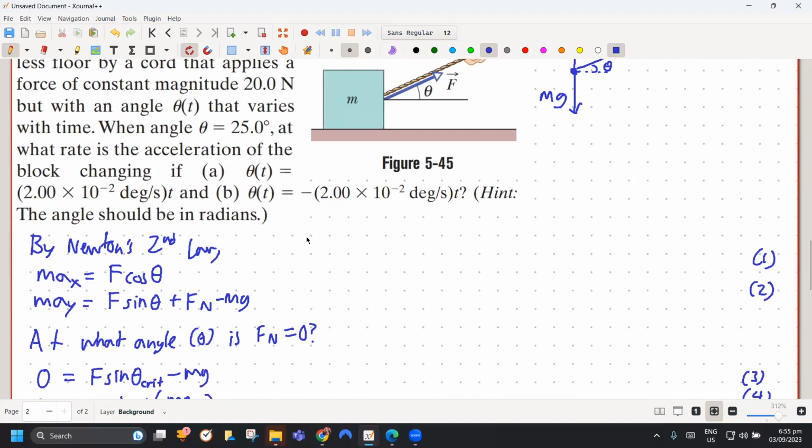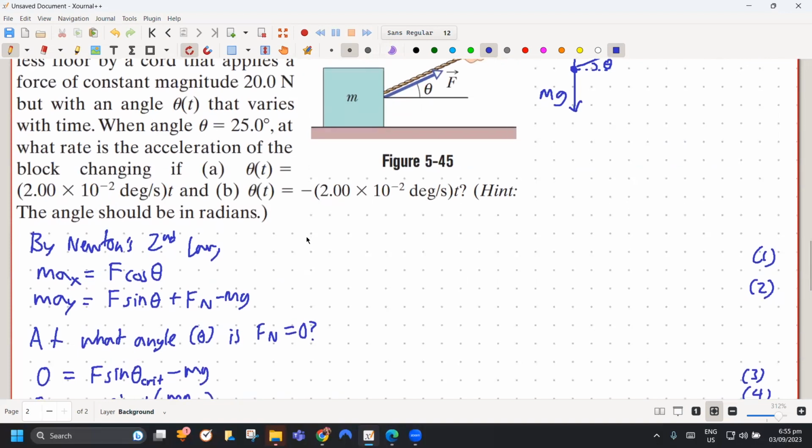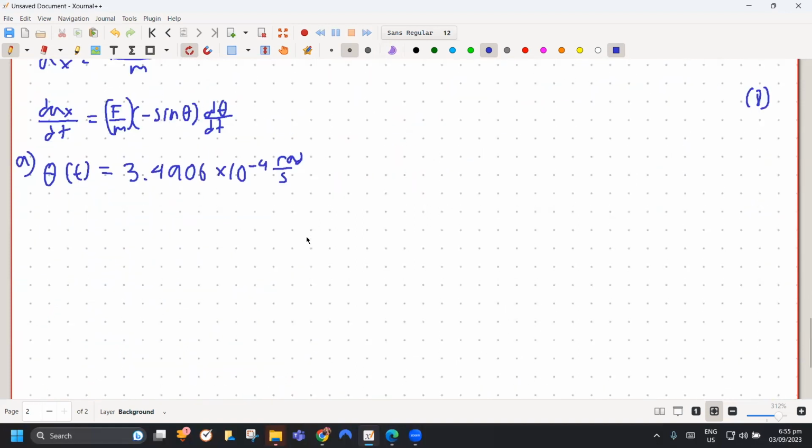Wait, can you show the calculation? Put the degrees per second, then the conversion factor, because this is hard. So what is F? F is 20. Put all the givens separately. So, 2.00 times 10 to the negative 2 degrees per second, times t, right?